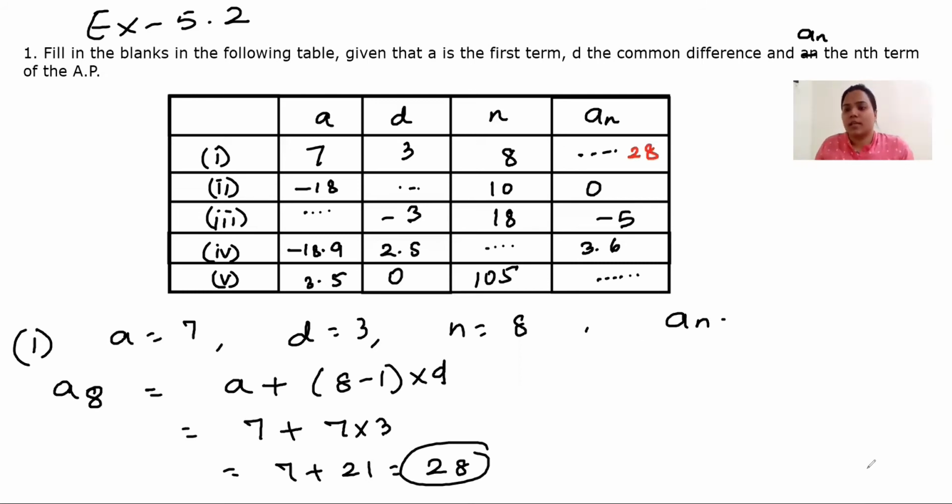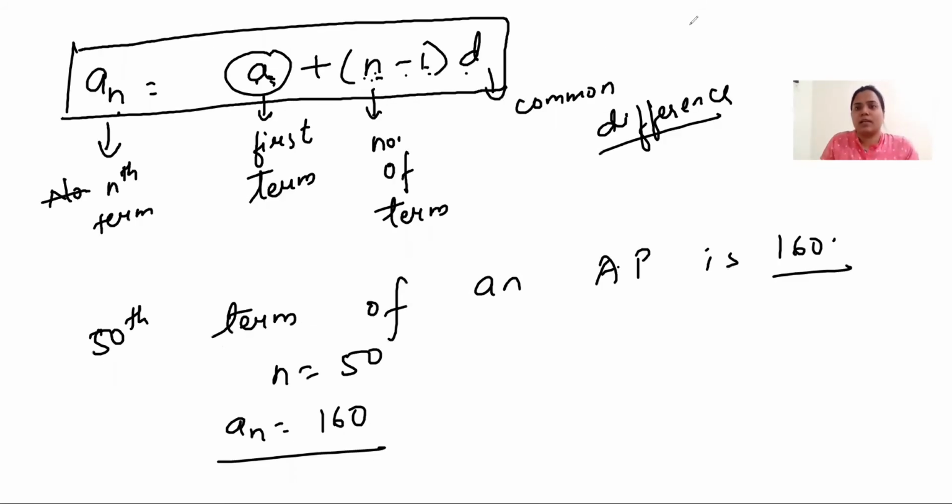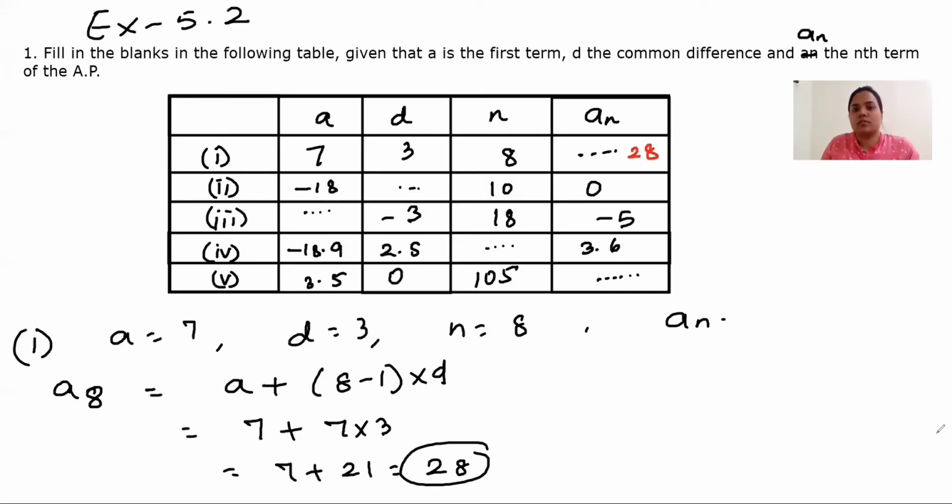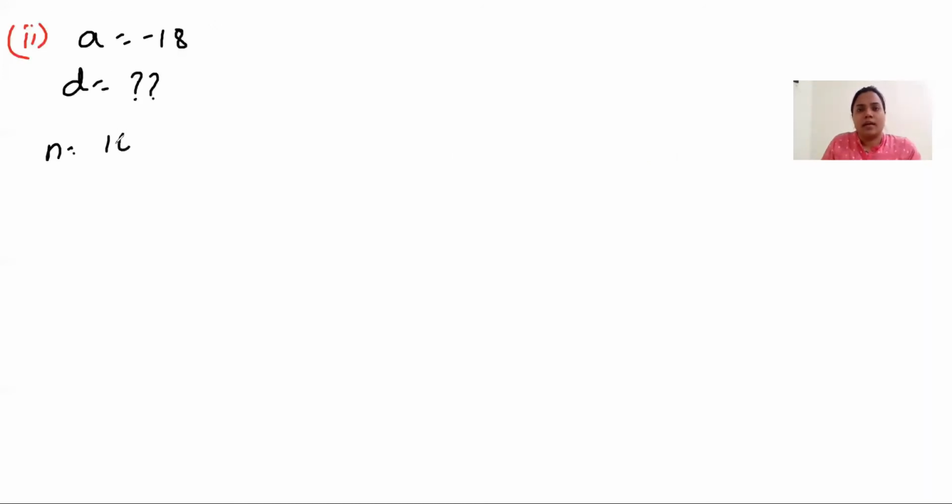Correct? In the second question, a is minus 18. We don't have d. It means we have to find d. n is given as 10 and an is given as 0. So we will just substitute the values in our formula.